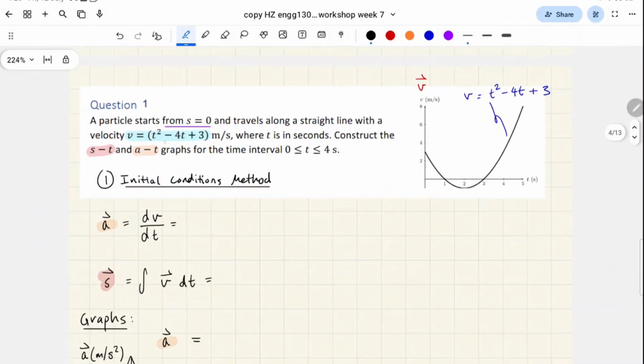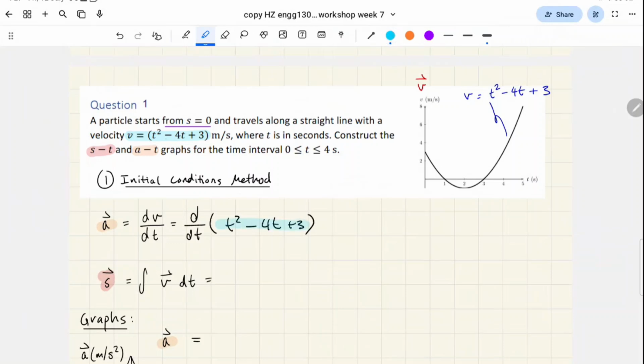Basically, we have to derive this equation, t squared minus 4t plus 3. That's what I've highlighted in blue, what we're given in the question. Most of these are just polynomials, most of the questions you're going to be given. So we're all good with calculus and deriving polynomials.